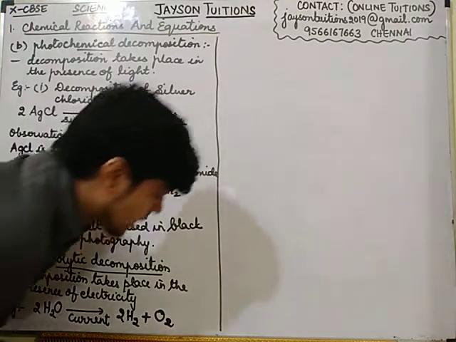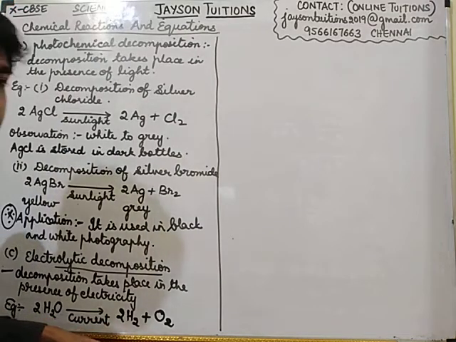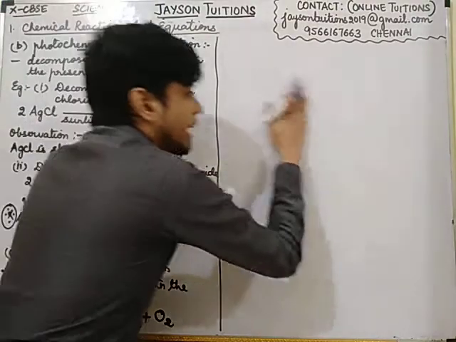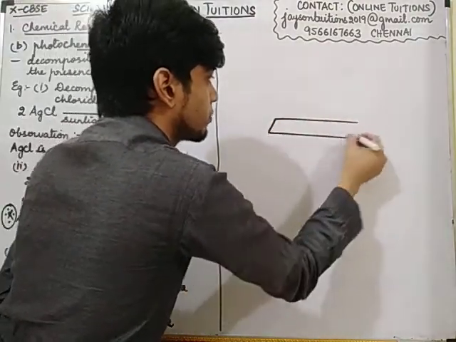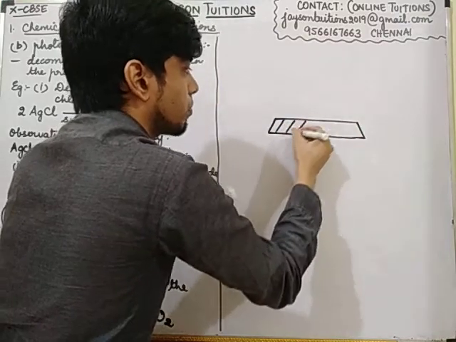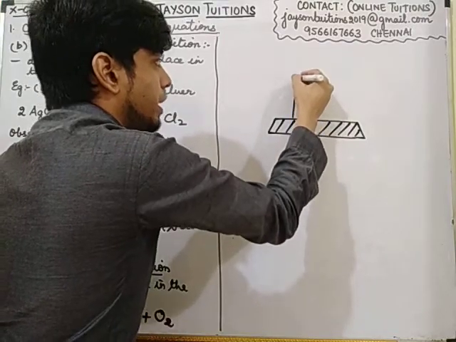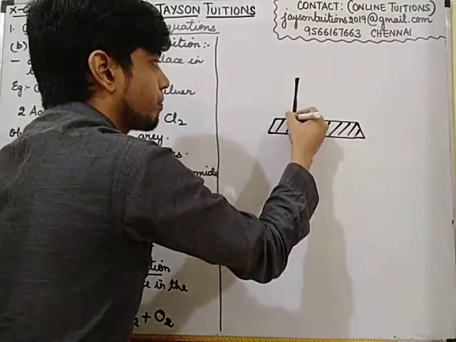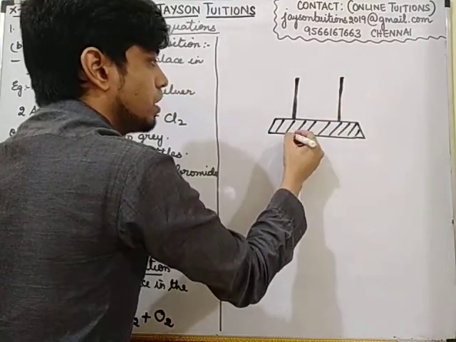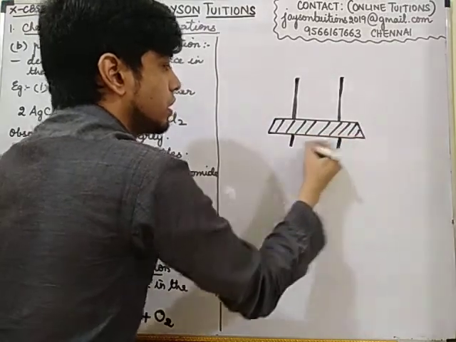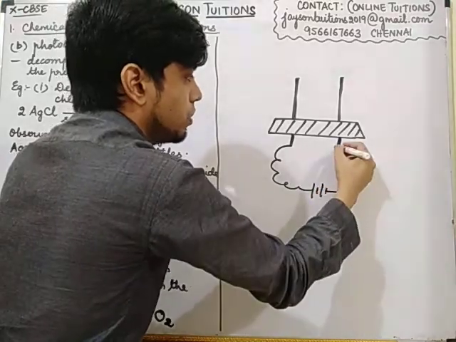So we can do this with the help of an activity. For this activity, I am taking two electrodes made up of graphite. These electrodes I am going to connect to a power source.